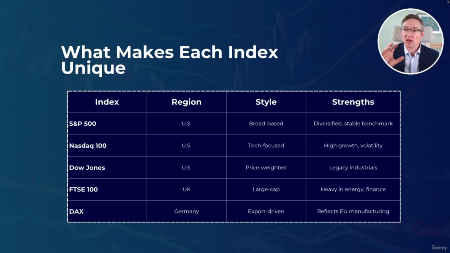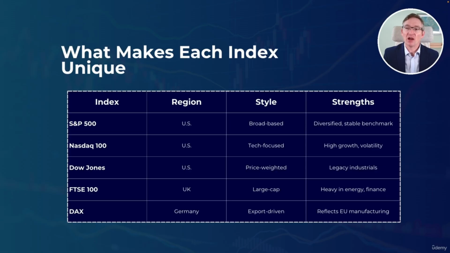And remember, a lot of these indexes you can access through ETFs, which trade just like stocks. So in other words, they're accessible, they're easy to trade, and in many instances, there are very low fees associated with them. So if you hear someone talking about the SPY, the QQQ, you say, okay, the SPY, that's the ETF for the S&P 500, the QQQ, that's the ETF for the NASDAQ.